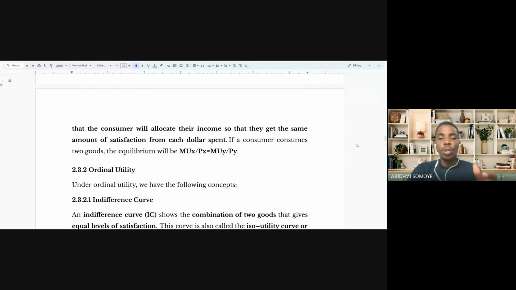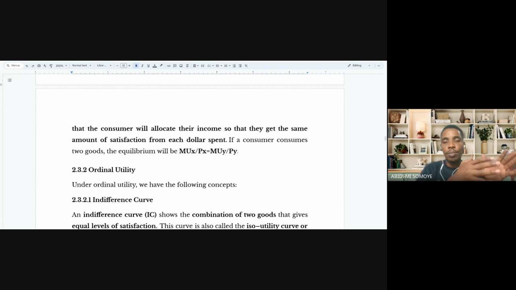Okay, so you understand cardinal utility. Cardinal utility simply means when utility is measurable and can be measured in terms of numbers. Okay, and I gave you those assumptions that you have under cardinal utility. You have total utility, you have marginal utility, you have law of diminishing marginal utility.